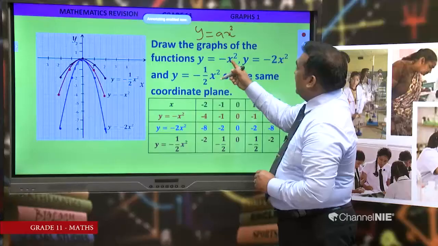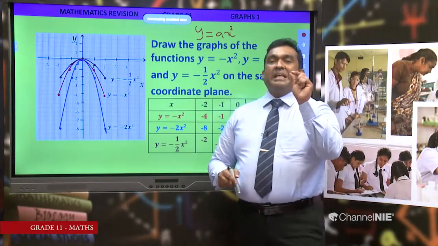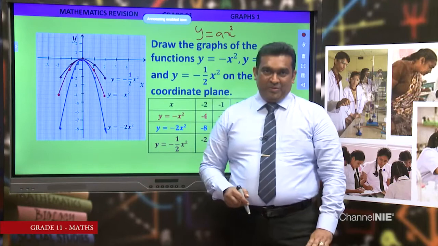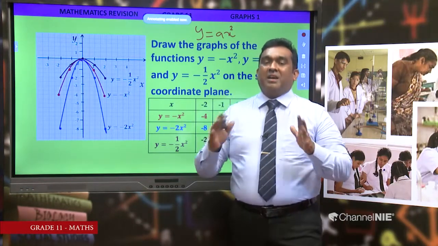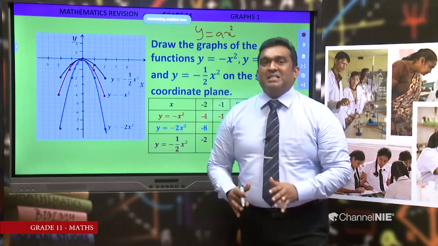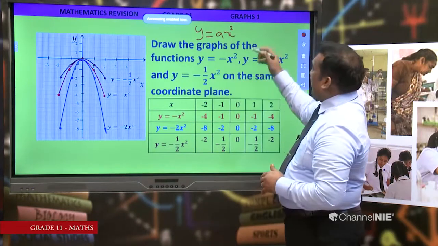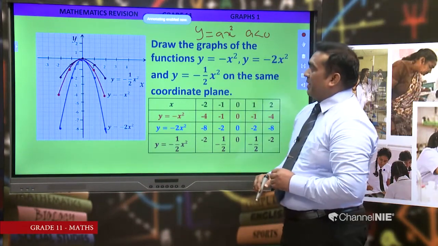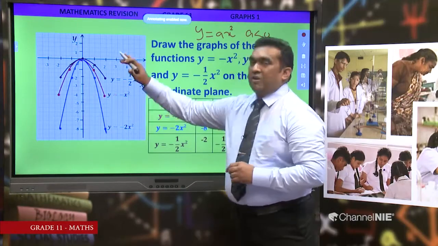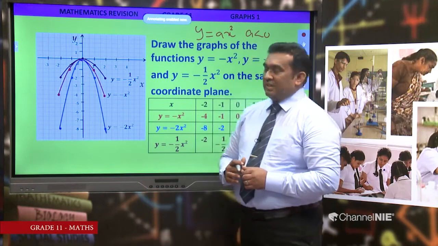Here you can see instead of a you have -1. -1 is a negative value. Now we are going to define curved line graphs when a is less than 0. These types of graphs are called maximum curved line graphs.